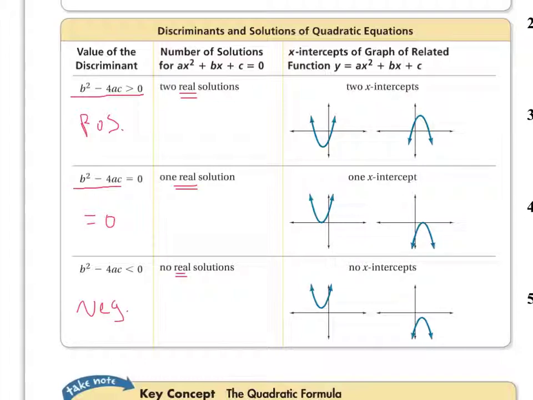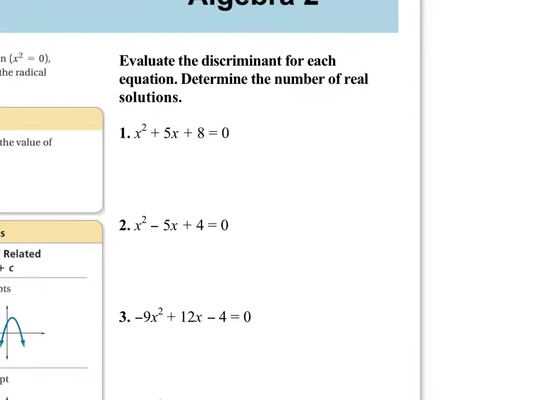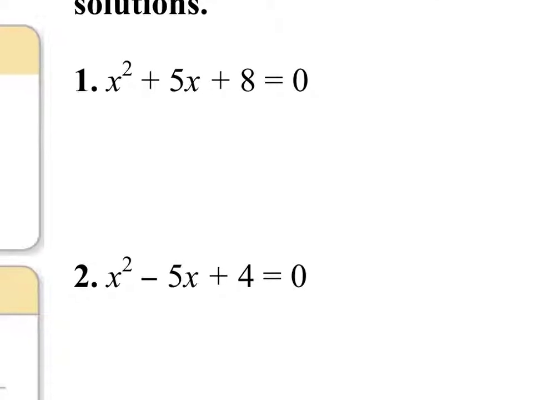So let's take a look at an example. If we look at example number 1, what we first want to do is make sure that our quadratic equation is in standard form, which in this case it is. Remember, standard form for a quadratic equation is ax squared plus bx plus c equals 0. We now need to identify our coefficients, our a, b, and c.